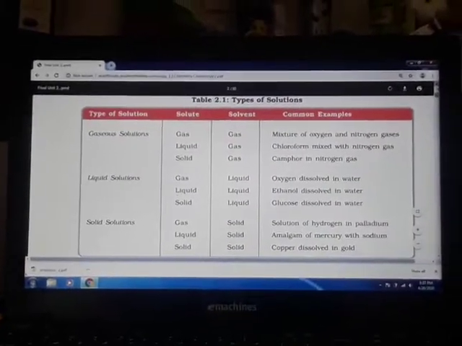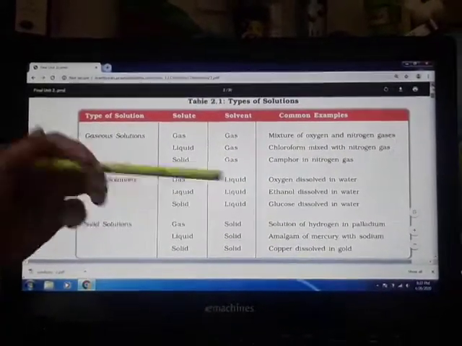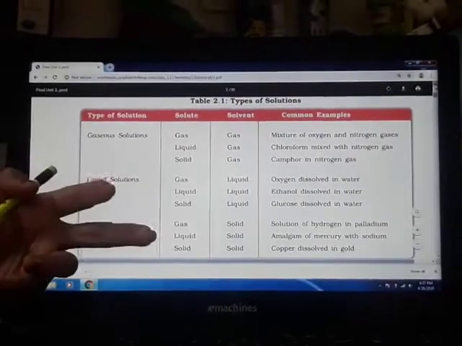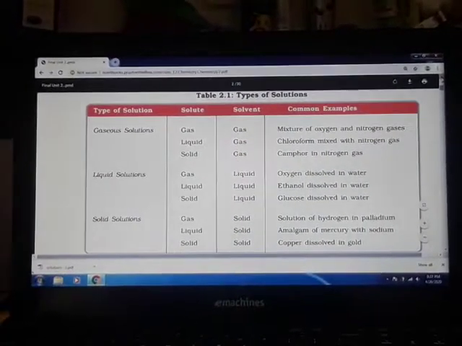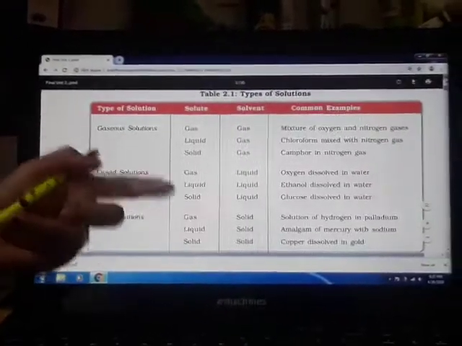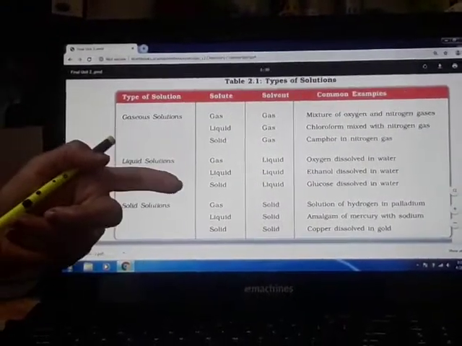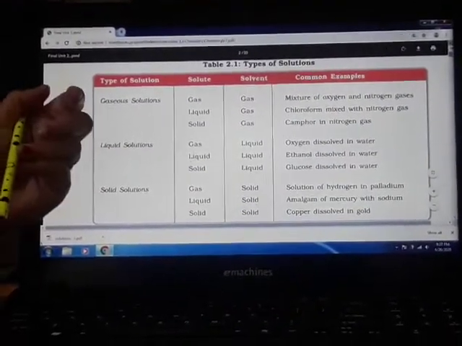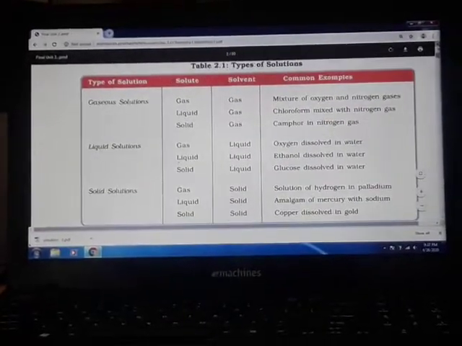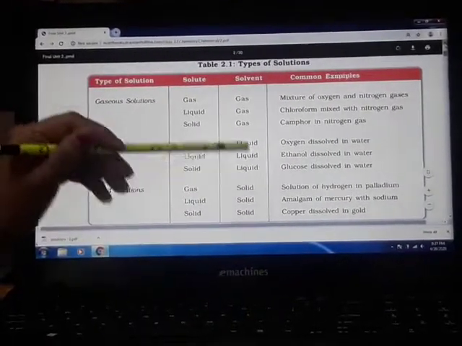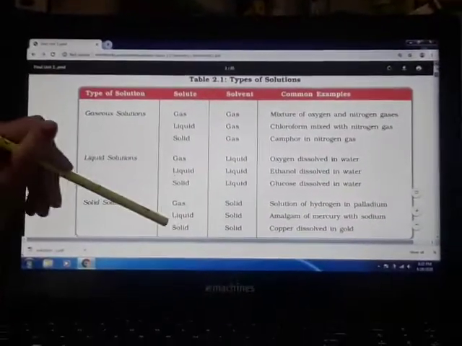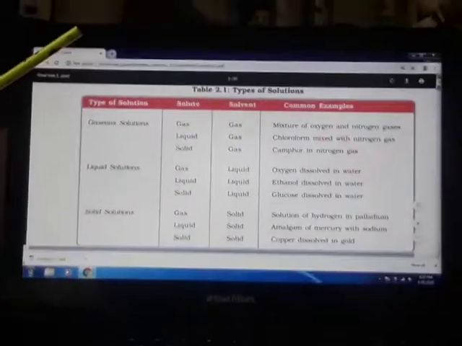This is the best example. You can have a solid solution around yourself. When you see copper mixed with zinc and other metals, you get an alloy which you see as brass and bronze. These are the solid solutions made by dissolving solid into solid.